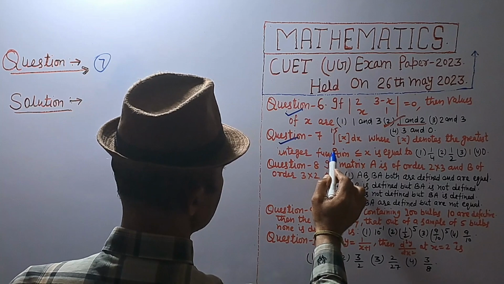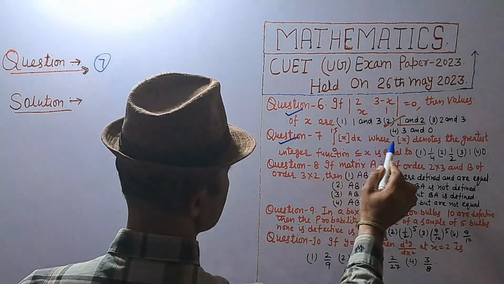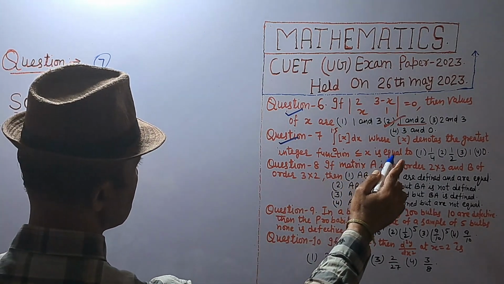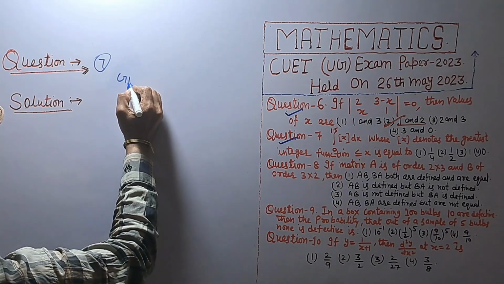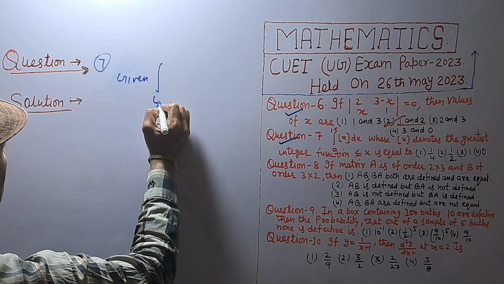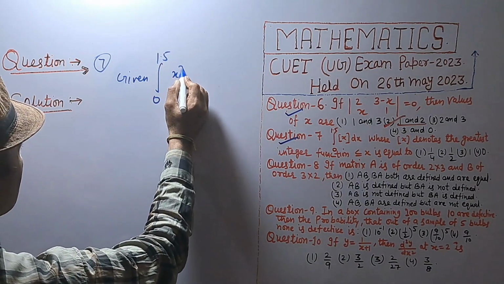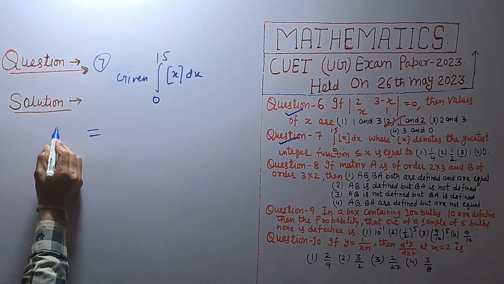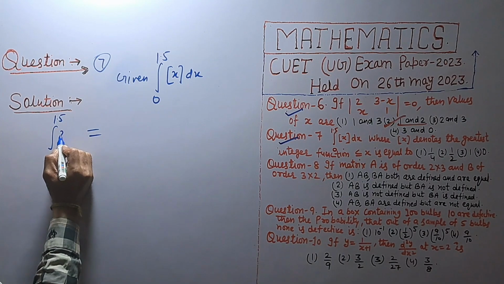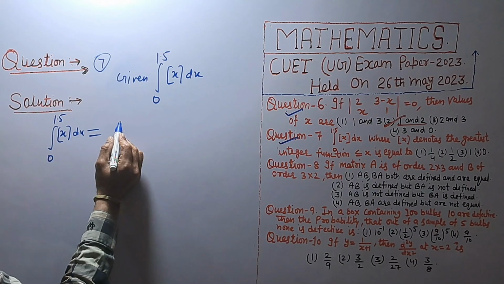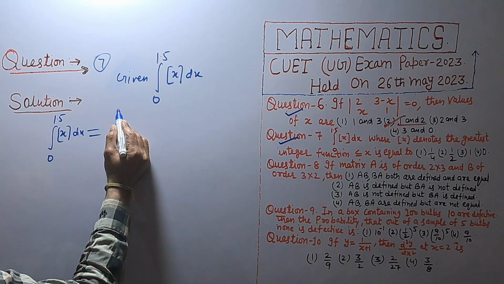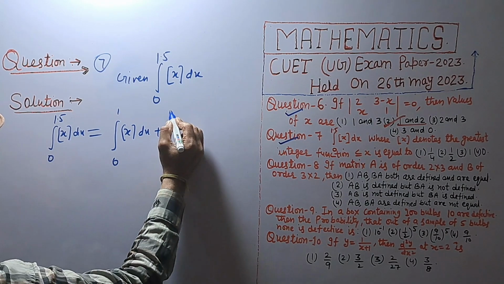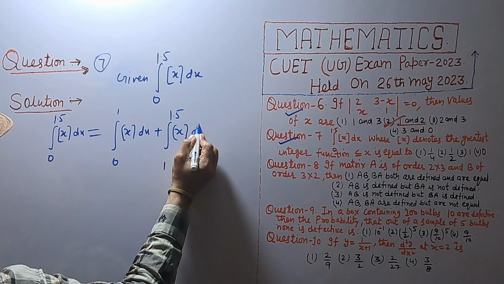If the integral from 0 to 1.5 of [x] dx, where [x] denotes the greatest integer function, less than or equal to x, is equal to, given the integral from 0 to 1.5 of greatest integer x dx. So the integral from 0 to 1.5 is equal to the integral from 0 to 1 of [x] dx plus the integral from 1 to 1.5 of [x] dx.